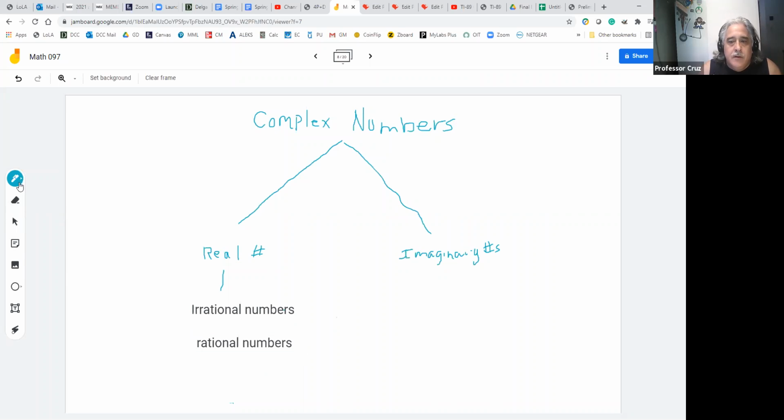And then integers. And then there's whole numbers. And then down here is the natural numbers.